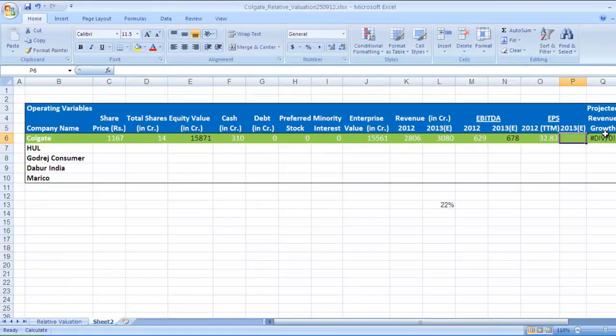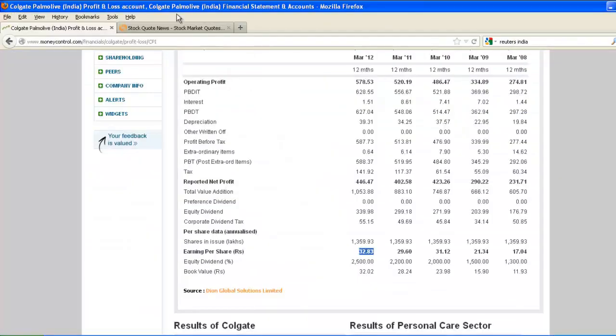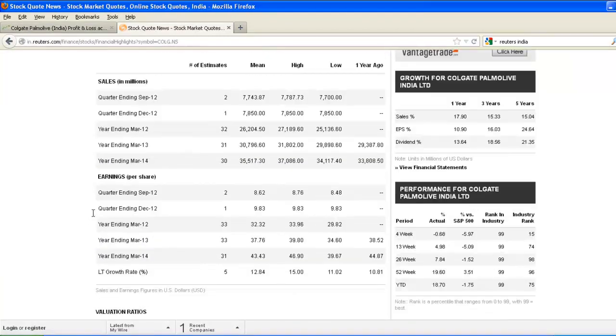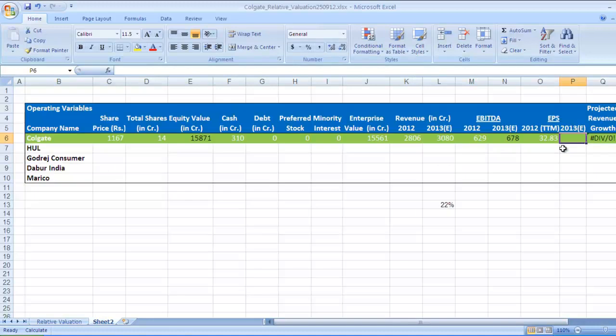For 2013 estimates, as I said, we need to go to Reuters India. We will get this figure on Reuters India. This is earnings per share, and for the year ending March 13, we will get the mean, that is 37.76. Take this figure, 37.76, enter.